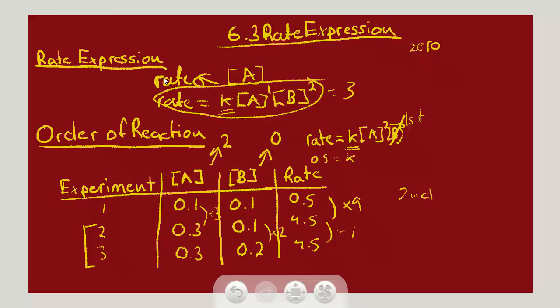So 0.1 squared is equivalent to 0.01, and when we divide both sides by 0.01, we would get a constant value of 50. So this is how you would determine the rate expression.